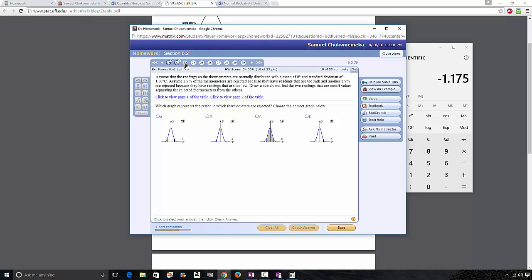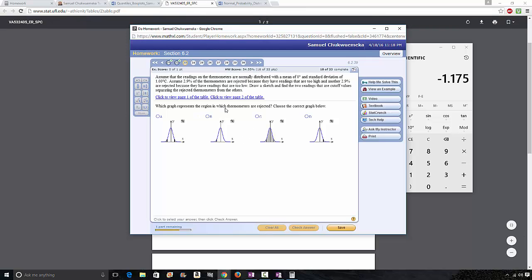Assume 2.9% of the thermometers are rejected because they have readings that are too high, and another 2.9% are rejected because they are too low. Draw a sketch and find the two readings that are cutoff values separating the rejected thermometers from the others.